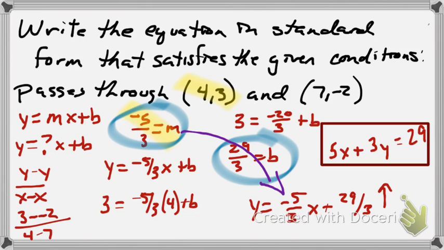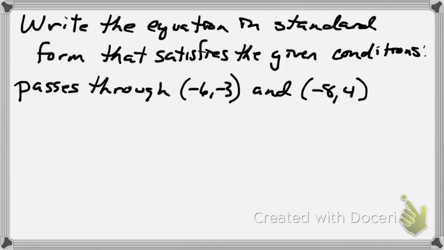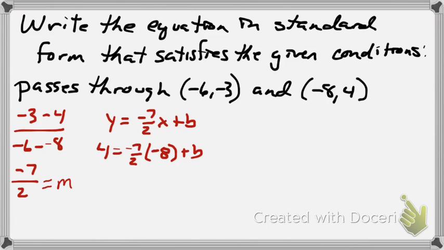All right, you try the next one all by yourself. We'll go through it here in a couple minutes. My slope that I found when I did this problem was negative 7/2. And the point that I'm going to use is negative 8, 4. Negative 7/2 times negative 8 is 28.